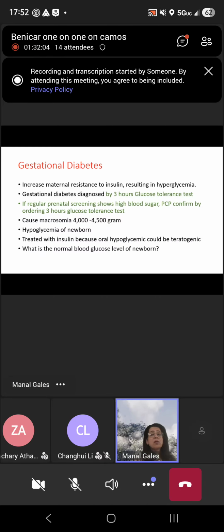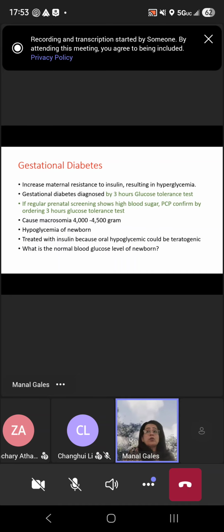Imagine during fetal life, the mom keeps feeding him high sugar. So what will the fetal pancreas produce to overcome the high sugar coming from the mom?